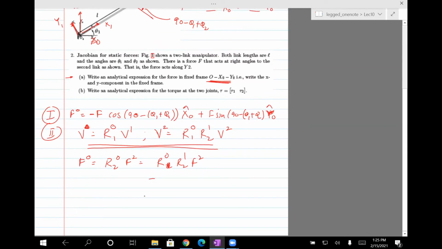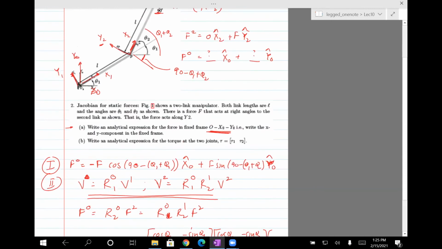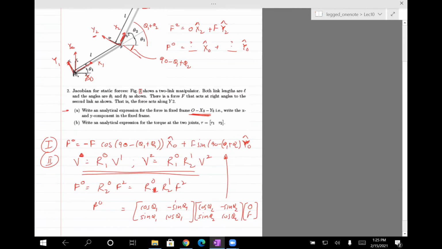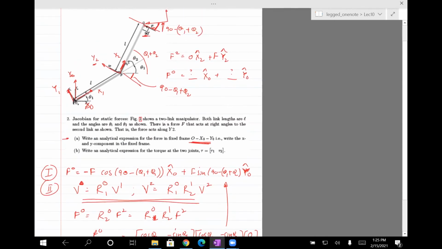And so if you know the rotation matrices, it's cosine θ1 minus sine θ1, sine θ1 cosine θ1, then cosine θ2 minus sine θ2, sine θ2 cosine θ2, and then the force, which we wrote down in frame 2, its x is 0, y is f. You should get the same answer as this. That is something which needs to be checked, but that's the simpler way of doing it, which doesn't really involve any visualization and so on. So that's part A.